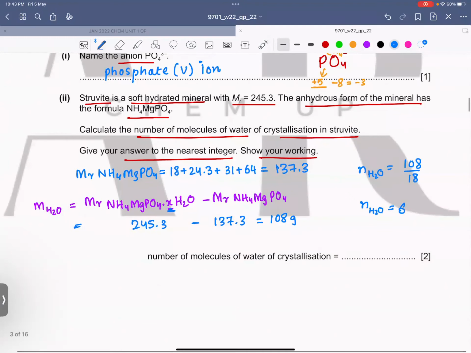So the number of molecules of water of crystallization would be 6. So it means the formula for the hydrated struvite is ammonium magnesium phosphate hexahydrate, 6H2O. It would be like this. Is this clear?